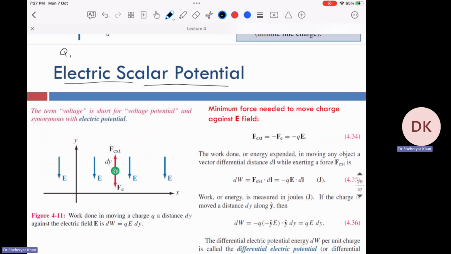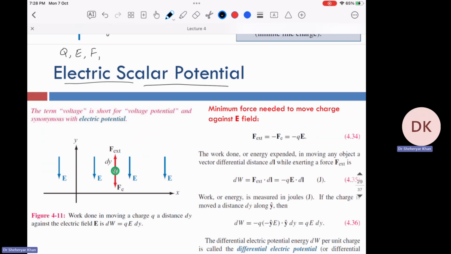We learned about charge, we learned about electric field, we learned about the force, because the Coulomb force tells us how two charges can interact with each other. Electric field tells us how a charge can produce an electric field. E is equal to Q over 4π epsilon naught R squared, right? Gauss's law tells us the relation of D, charge density, and the charge, right?